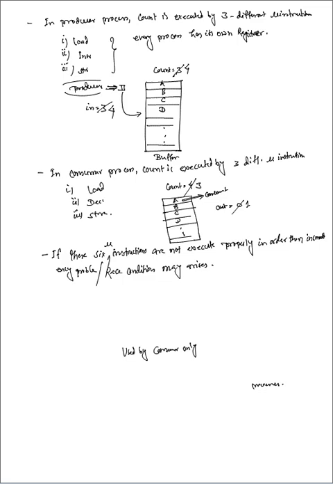So on the basis of producer consumer, let us solve a very simple problem, so that how the variable values and the buffer change should be clear.